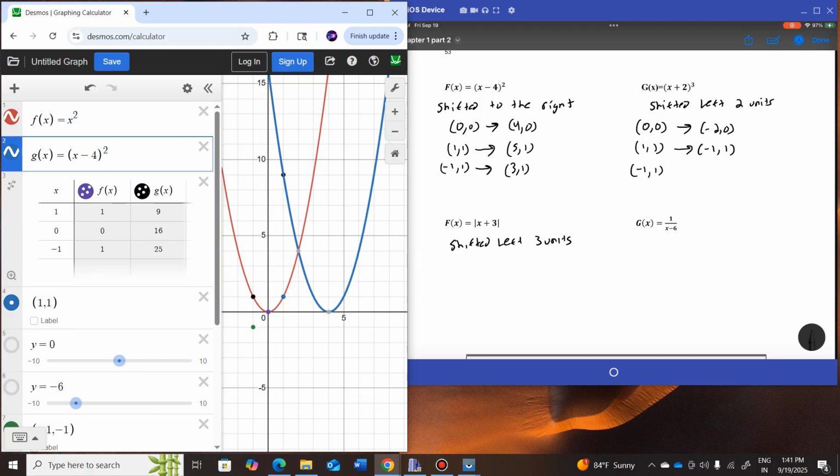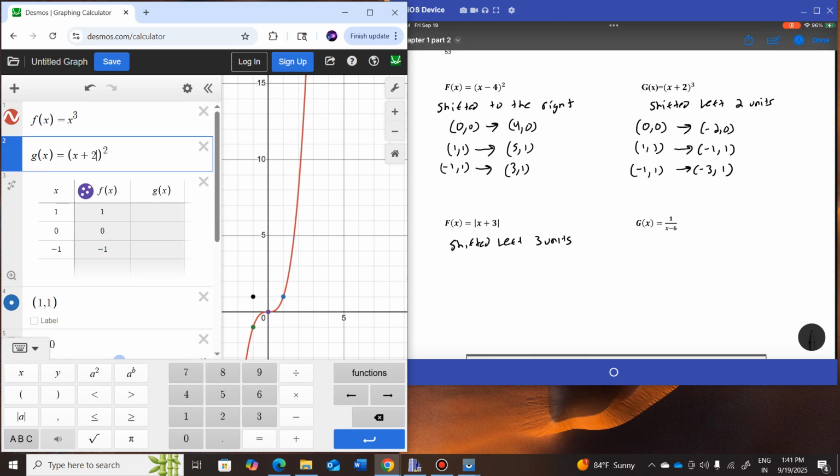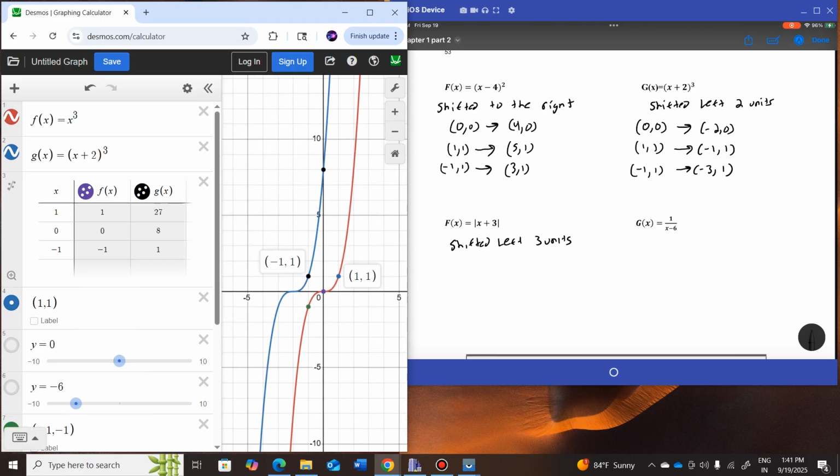And negative 1, negative 1 gets shifted to negative 3, negative 1. Okay, so the changes are only on the x.